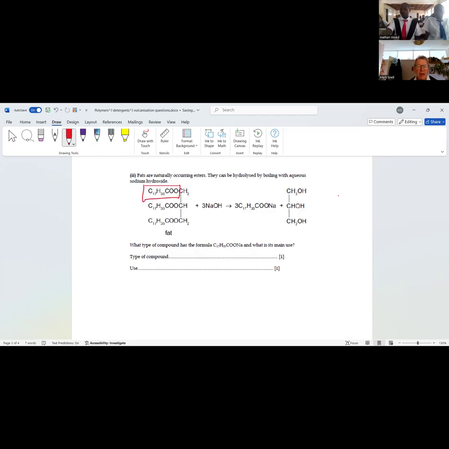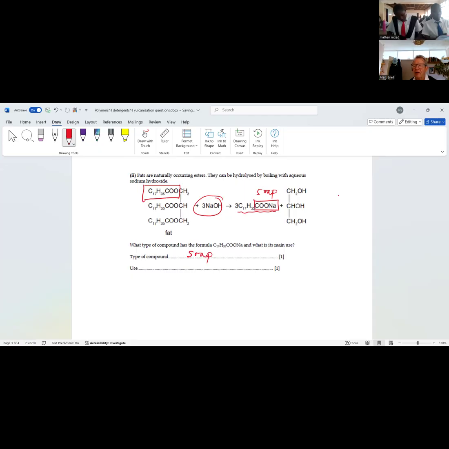If you look, we have COO again. That is an alkanoic acid again. So when it reacts with sodium hydroxide, it forms these, which are that there. That tells you it is a soap. So the type of compound is a soap.